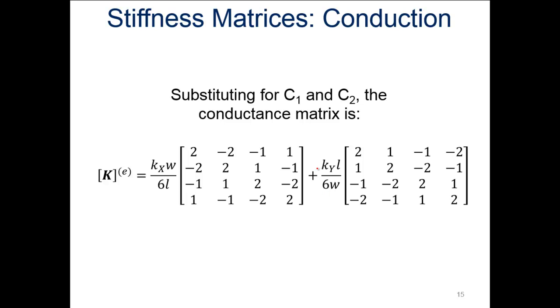So then we substitute back in for C1 and C2, and as we do, we get the conduction in the x direction times the width divided by 6 times the length, and we get the conduction in the y direction times the length divided by 6 times width, and the overall indices inside these two matrices. So for any element that has conduction through it, we'll use this equation to look at how the heat transfers through that element due to conduction.